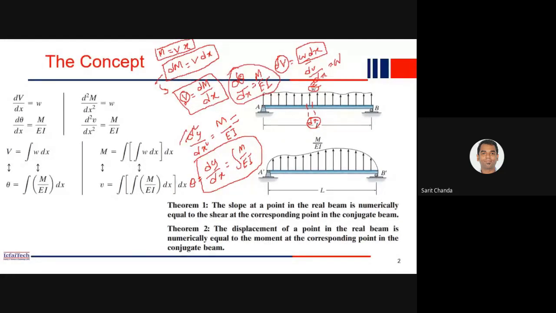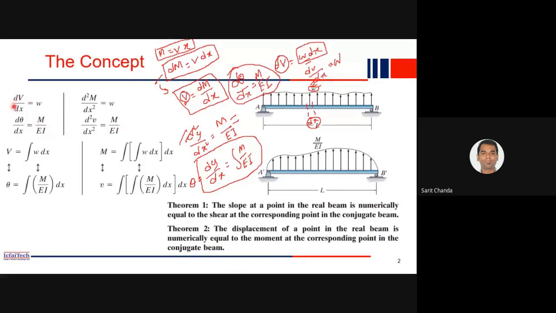Because what is theta? Theta is dy by dx. Here d square y by dx square is there, and theta is dy by dx. So if you substitute dy by dx by theta, then you will get d theta by dx equal to M by EI. This expression.